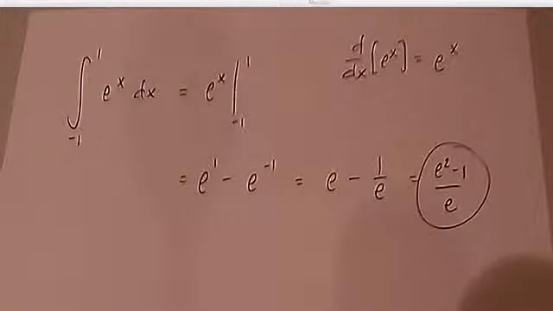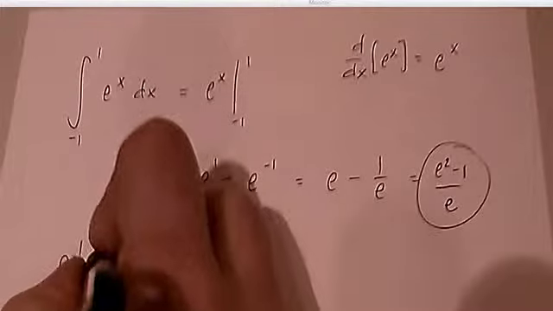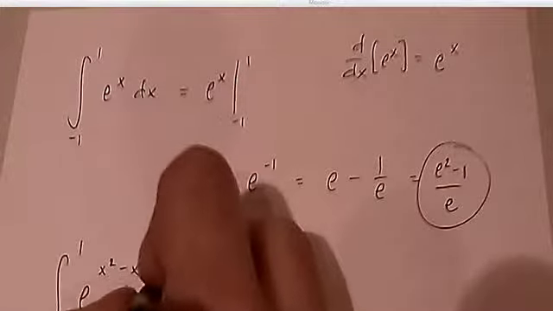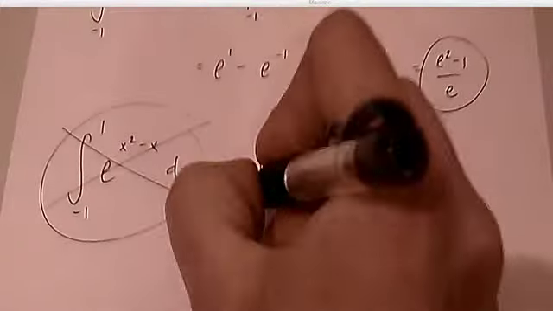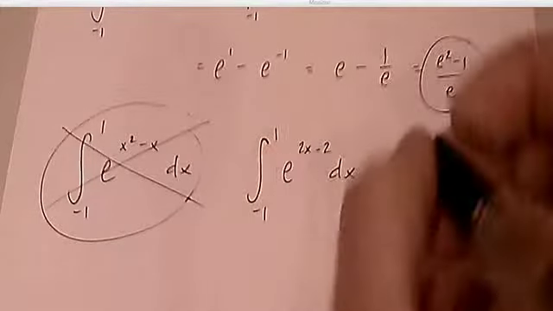Now notice that we didn't do anything silly like the integral from negative 1 to 1 of e to the x squared minus x dx. We have not done anything like that yet. Actually, that would be a little bit more of a hassle, and you'll understand when we get there, like e to the 2x minus 2 or something like that.